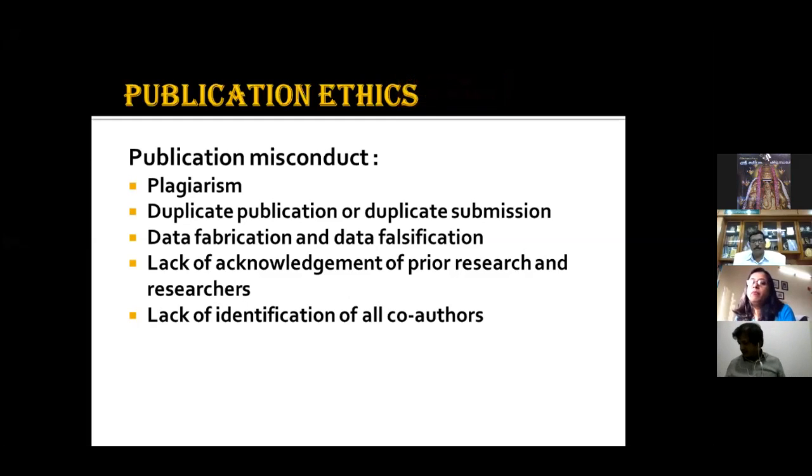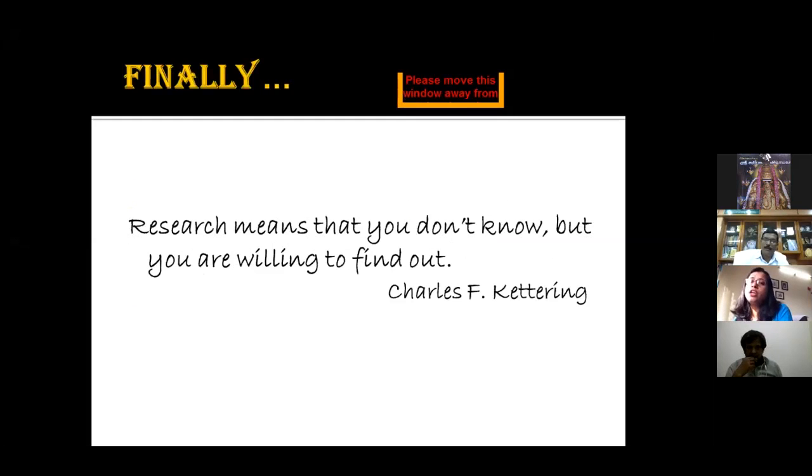It will be very embarrassing if, after some time, somebody wrote to the journal that published your article that you had not added that person's name, whereas that person had co-authored the work, and somehow the person proves that he was the co-author. You are going to be in trouble. So remember, ethics are really important.